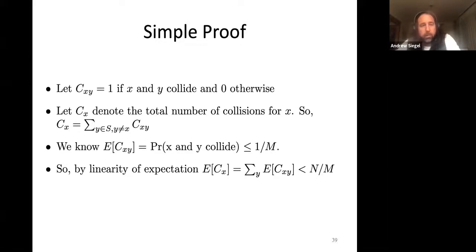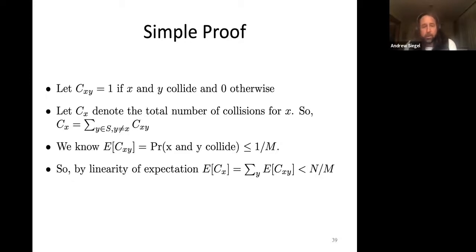We say if we let this quantity C of xy equal 1 if x and y collide and 0 otherwise, and we let C of x denote the total number of collisions for a particular key x, so that C of x is the sum over all y not equal to x of all the keys in the set, of C of xy, then we know that the expected value of C of xy has to be less than or equal to 1 over m.